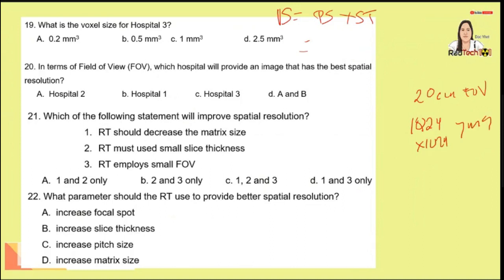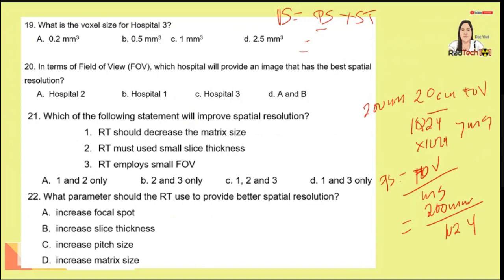So we should compute first for the pixel size. If you can still remember, pixel size is equal to FOV divided by matrix size. So the FOV is 20 centimeters, so that is about 200 millimeter. So 200 millimeter divided by 1024, that is about 0.195, or if you're going to round it off, it's about 0.2.